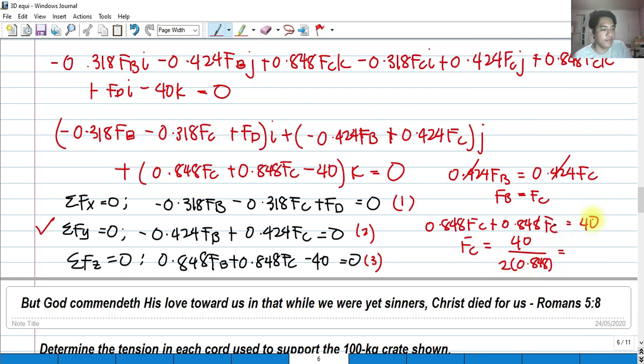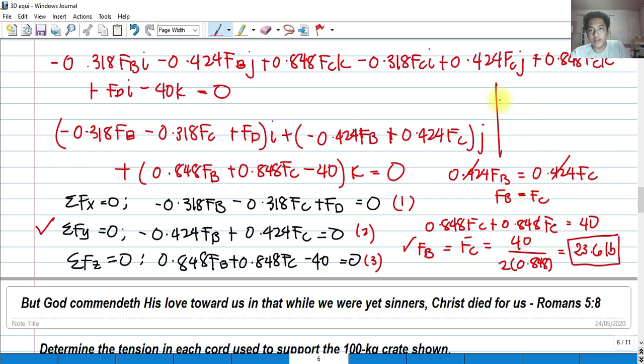If we compute that, our F sub C is 23.6 pounds, and that is also equivalent to our F sub B. Of course, I just made a mistake in writing. So F sub B and F sub C equal 23.6 pounds since they are equal.